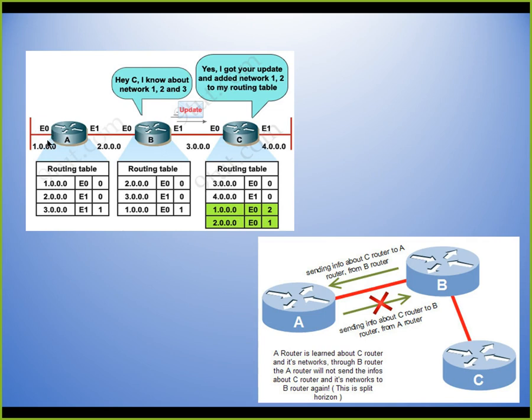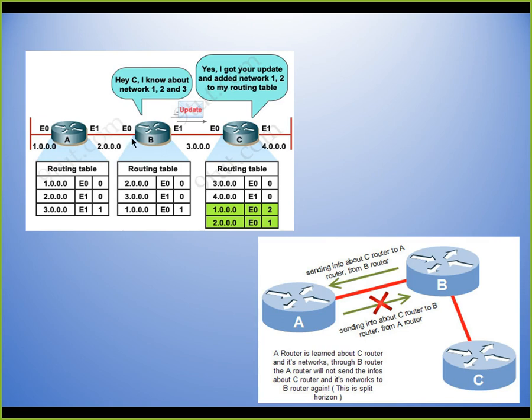Let's say network 1 goes down, and before, or actually it gets advertised as an invalid route. But then C updates B with the route that it has for the 1 network. And B says, hey, I'm in great shape. I can get to 1, even though it's down. And it can't, because the later update overrode it.